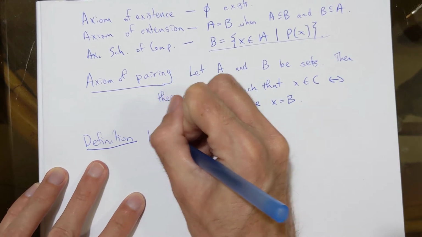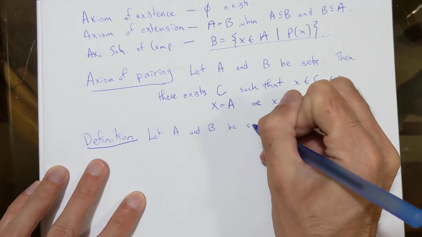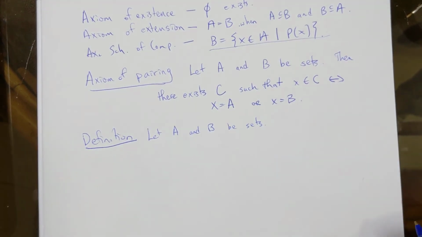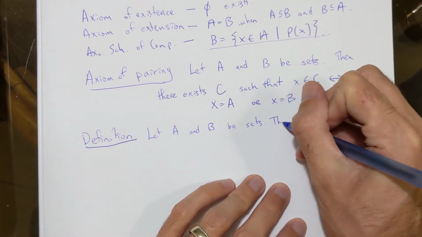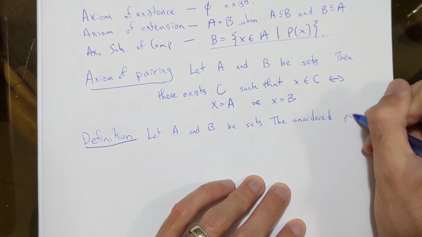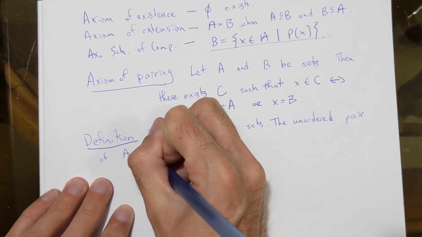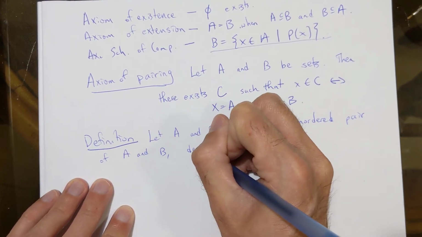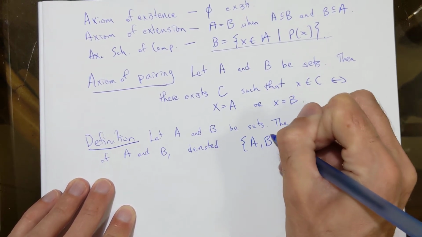Okay, so A and B are sets. Actually, they could be the same set or maybe different sets, whatever sets you want. The unordered pair of A and B is just a set with two elements.